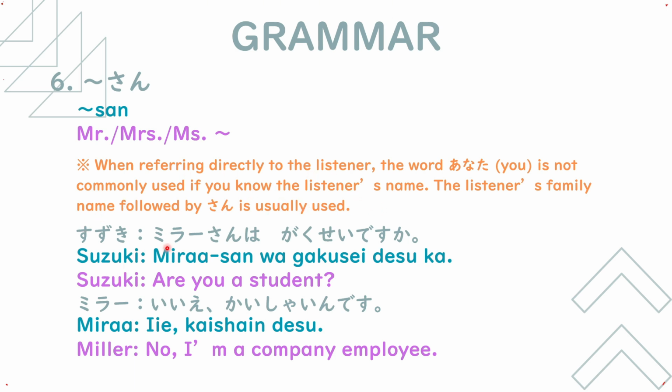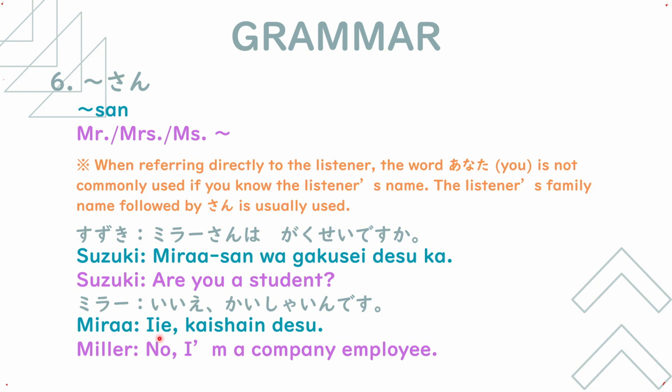So for example, we have Suzuki here saying, Mira-san wa gakusei desu ka? Are you a student? Talking to Mira-san. Okay. Mira-san wa gakusei desu ka? So instead of anata wa gakusei desu ka, since Suzuki knows Mira-san's name, he is calling Mira-san instead of you. Mira-san wa gakusei desu ka?